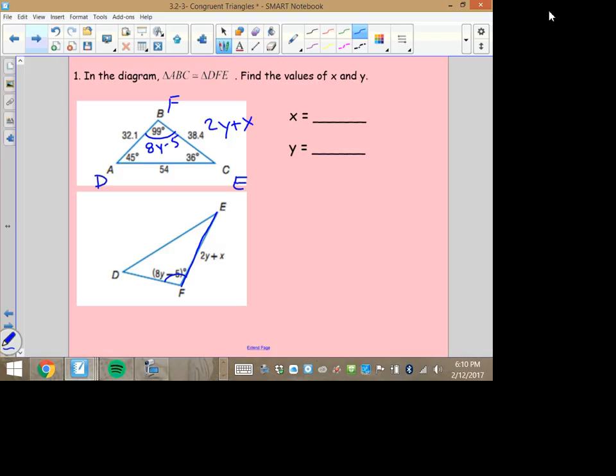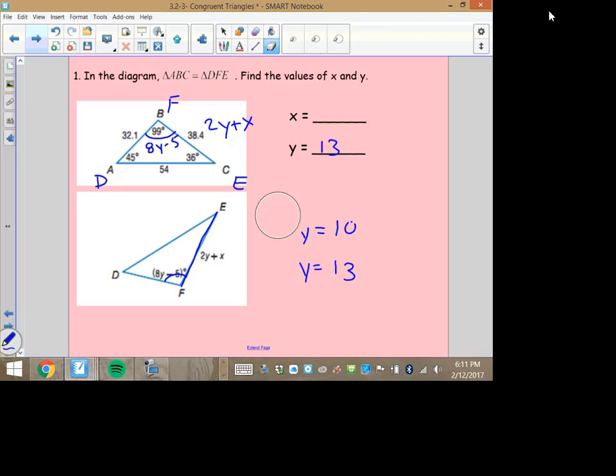So now I can solve for x by setting, or I think I have to solve for y first by setting 8y minus 5 equal to 99. Okay. So then you get 8y equals 104. And you get y equals 13.